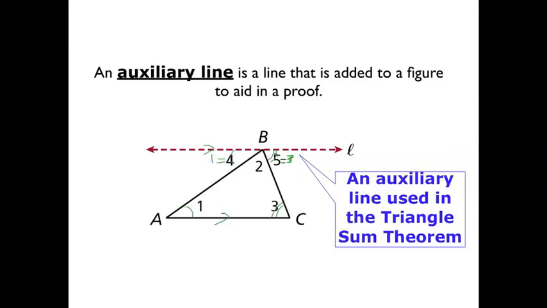So 1 and 3 could replace 4 and 5 here, and you'd have 1 plus 2 plus 3 measuring this straight line, line L here. Well, the measures that sum to a straight angle add up to 180 degrees. So if 1, 2, and 3 add up to 180 degrees, then the angles in this triangle, which are 1, 2, and 3, have to add up to 180 degrees. That's a simple proof of the triangle sum theorem.